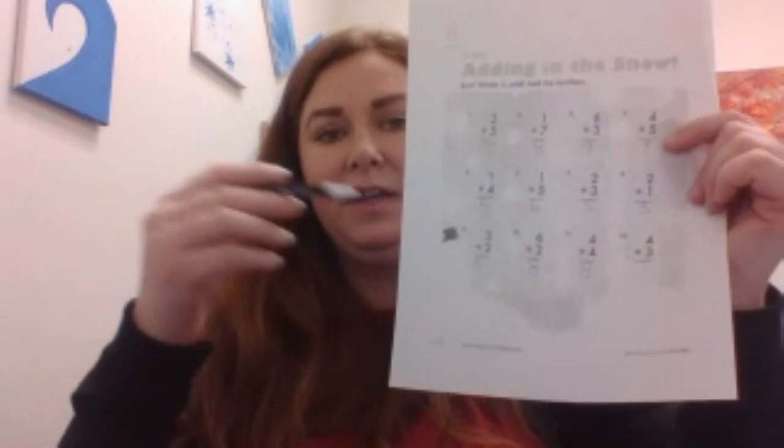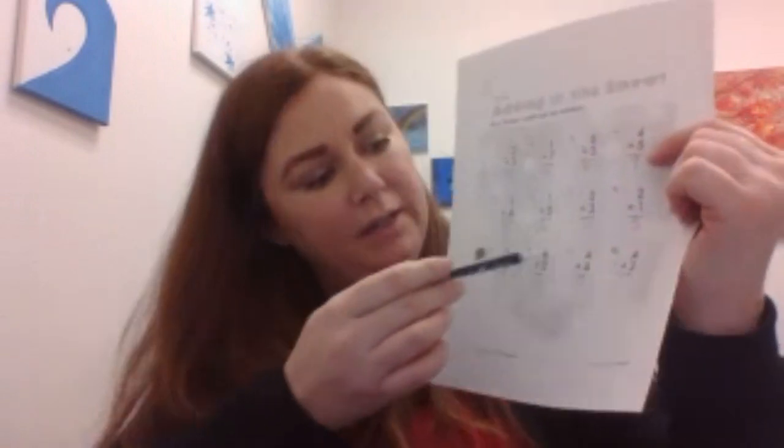So we only needed 4. We already had 4. So our answer is what? 8. Good job. So we got 8. So once again, 6 plus 2 equals 8, and 4 plus 4 equals 8. So there's different ways to get the same number here.